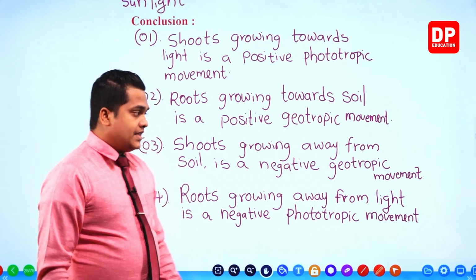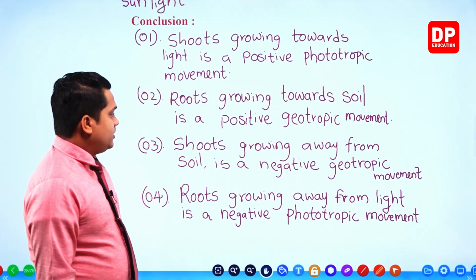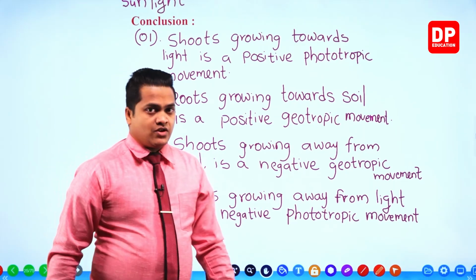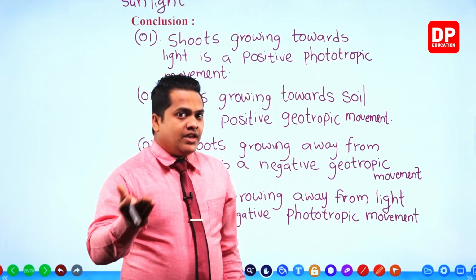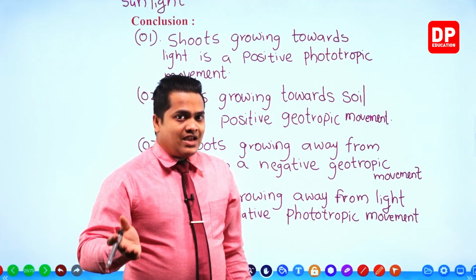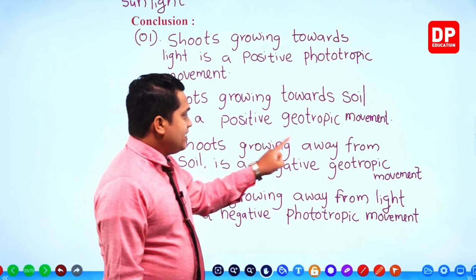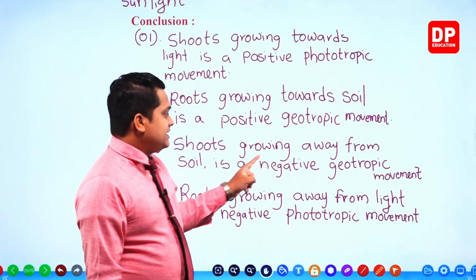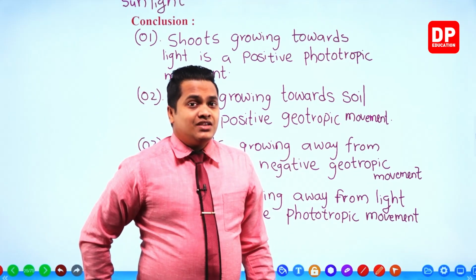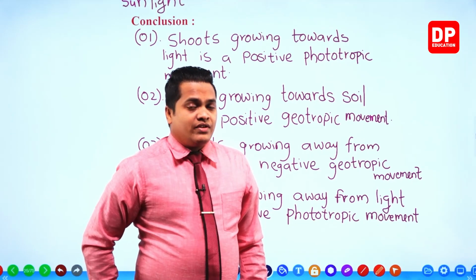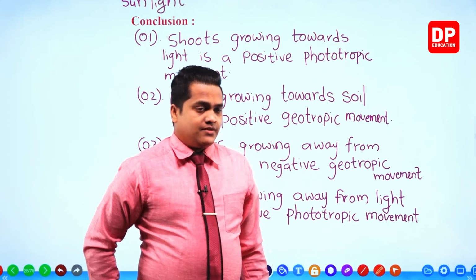Positive geotrophic. Then number 3, shoots growing away from the soil. We know that the shoots are growing away from the soil, right? It's always growing towards the light, away from the soil. That means shoots growing away from the soil is a negative geotrophic movement. Not towards the soil but away from the soil.